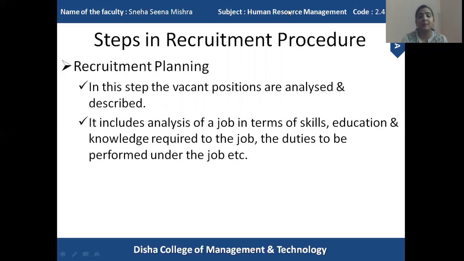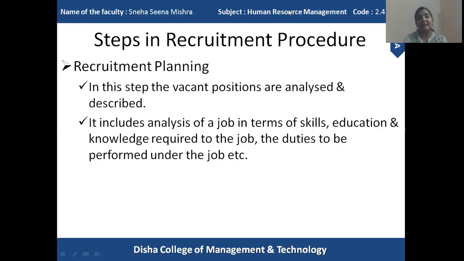Recruitment planning includes analysis of a job in terms of the skills and knowledge required to do the job, what kind of education and experience a person must have to be eligible, what kind of duties are performed under the job, and what kind of surroundings and environment is required to make a person comfortable while doing his or her job.